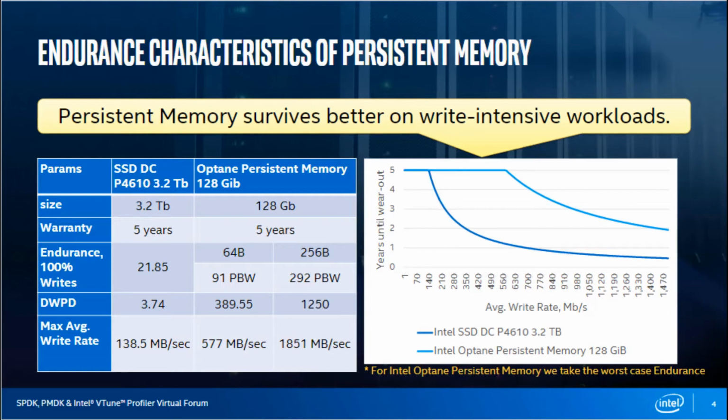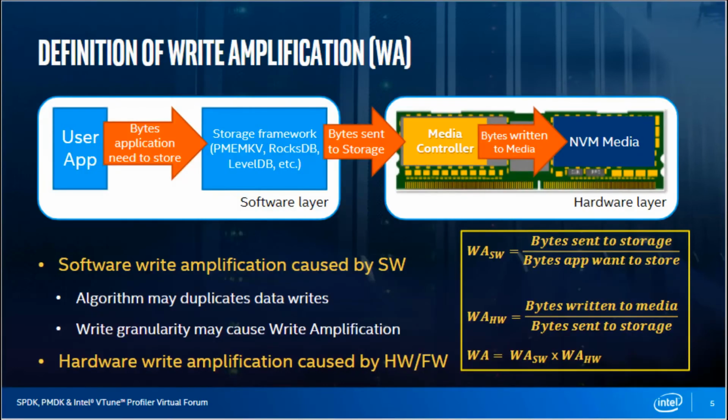This is one of the advantages, in addition to performance, it's the endurance characteristics of persistent memory. So if you have any write-intensive workloads, you can monitor, and if you have a problem with the lifespan of your storage device, you might consider persistent memory.